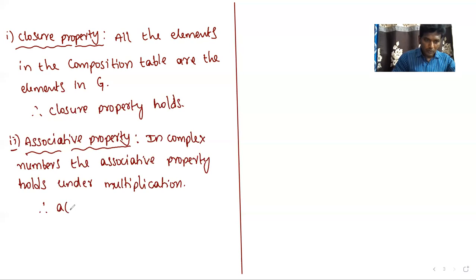Therefore A into BC is equal to AB into C, for all A, B, C belonging to capital G.